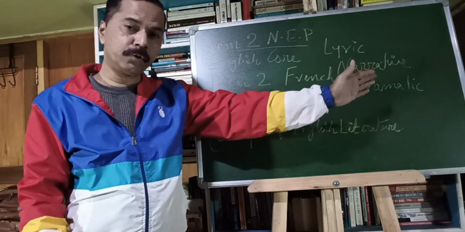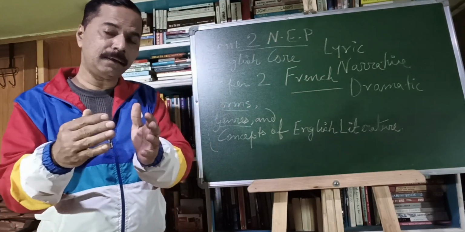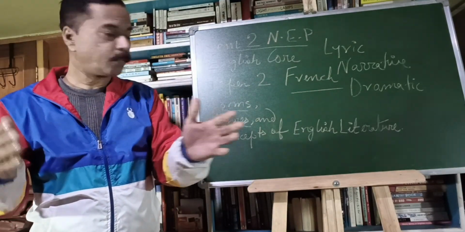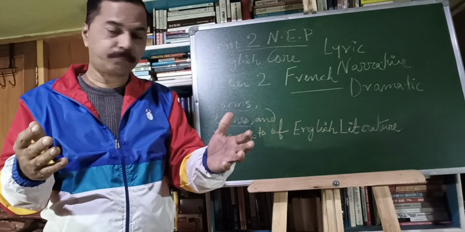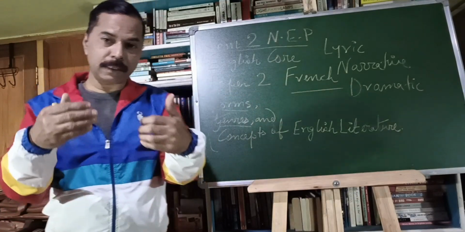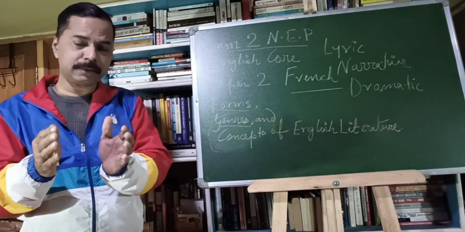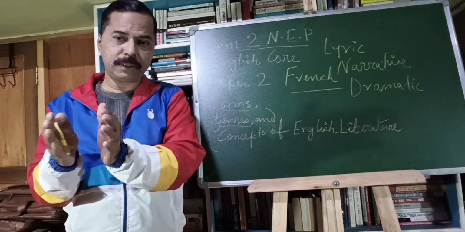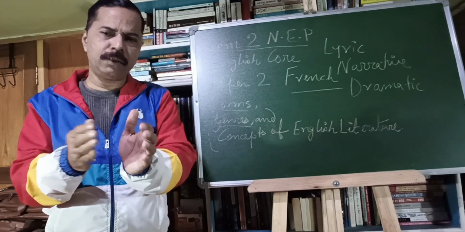Then the narrative genre, what happens? Narrative means telling a tale. So the narrator tells and then the characters talk. In the dramatic, it is the characters who talk. So lyric, narrative, and dramatic. Now, of course, there's again a tripartite division, but slightly different. That is the division of genres that is done in criticism as well as in the university syllabi.